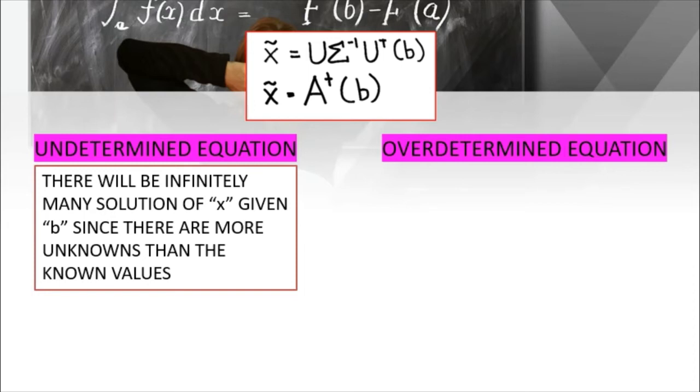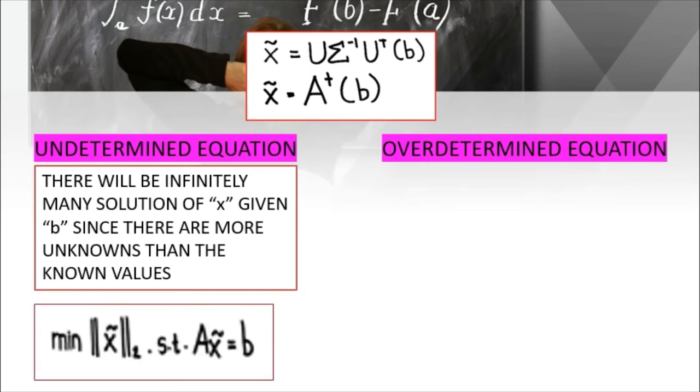We will write it like this: the minimum two norm of X tilde such that A X tilde is equal to B. So of all the infinitely many X tilde that do in fact satisfy this, the A dagger gives the solution that has the minimum two norm. We call this the minimum norm solution.